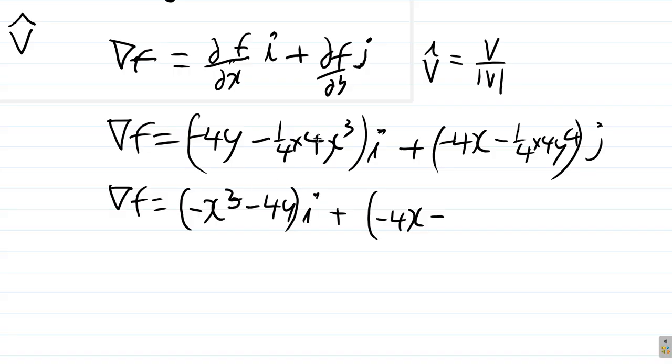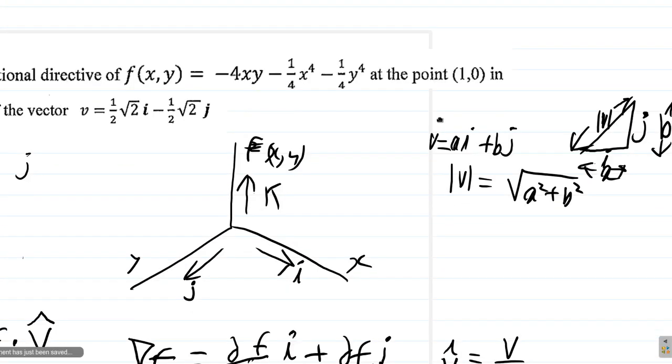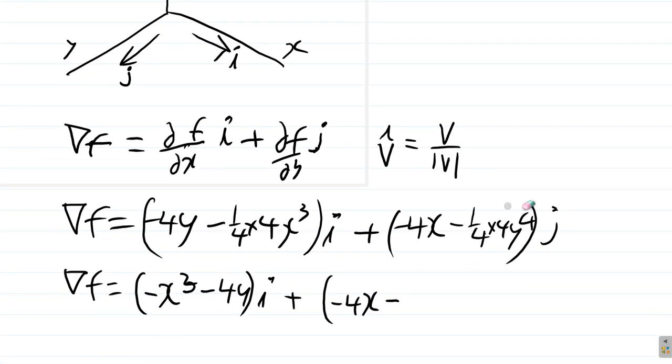Why did I get x squared? It's cubed, you know. And then, oh, I realize this y to the 4th should be y to the 3. Right, y to the 3.